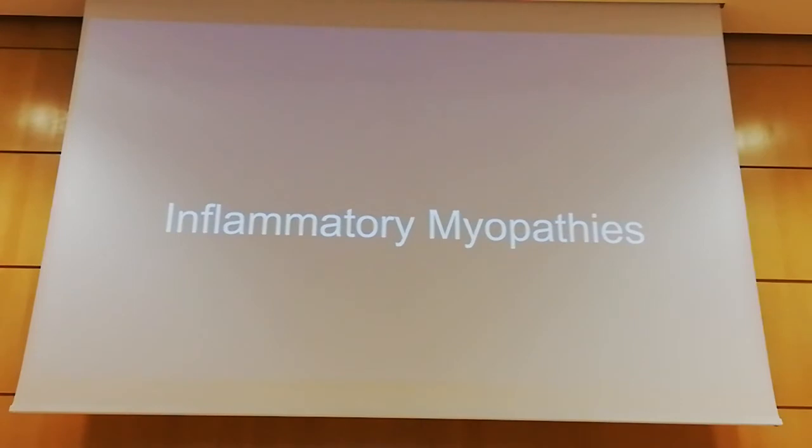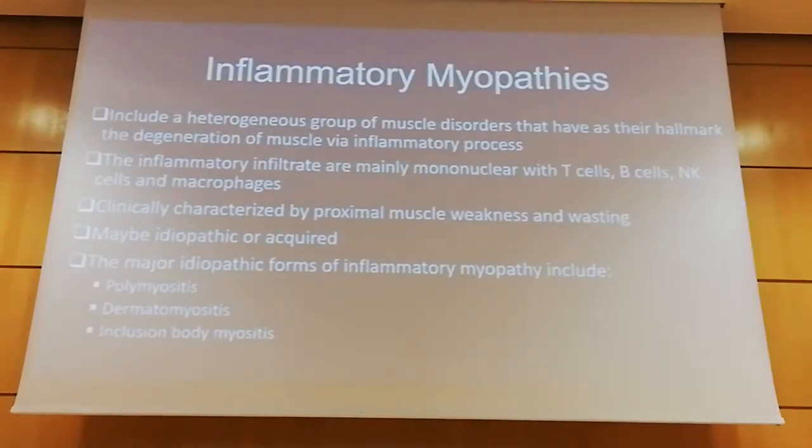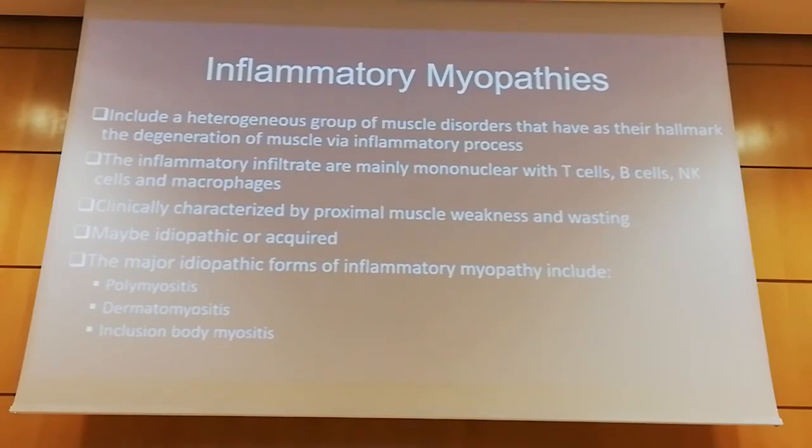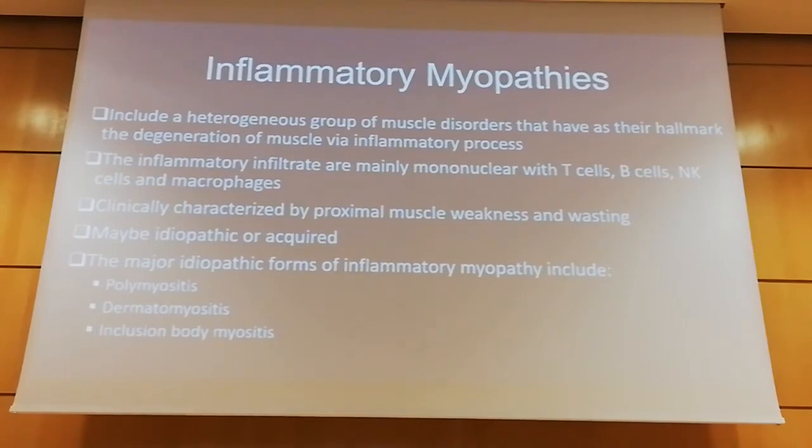Now, inflammatory myopathies, we're going to be talking a little bit more about this. Again, autoimmune in nature, a heterogeneous group of muscle disorders. You will see them with or without involvement of other tissues, such as the skin, as you see with dermatomyositis. And you will see an association with malignancy in the adult population.